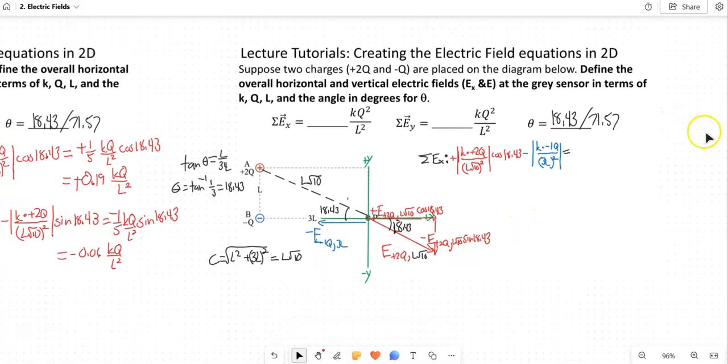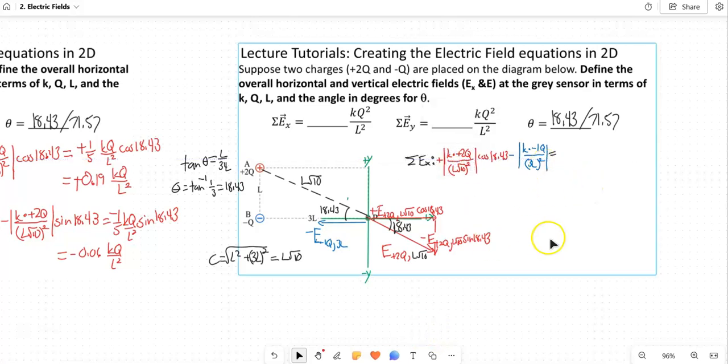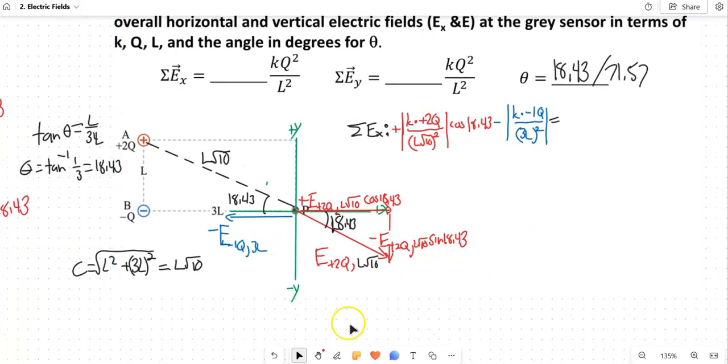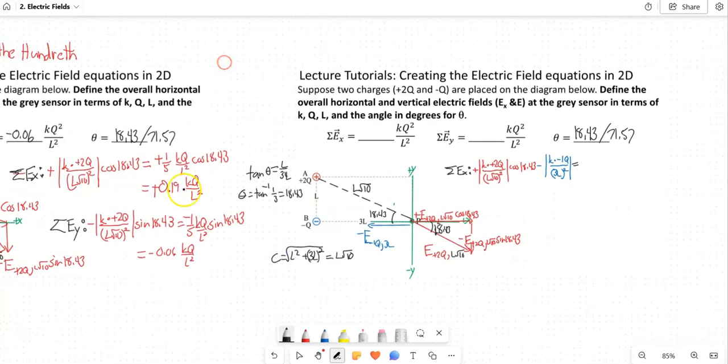Okay. And just like earlier, I know I'm going to run out of room. I'm going to scooch this over. And just like the last part right over here, we know that this k positive 2q over L square root of 10 squared times cosine of 18.43 is 0.19 kq over L squared.